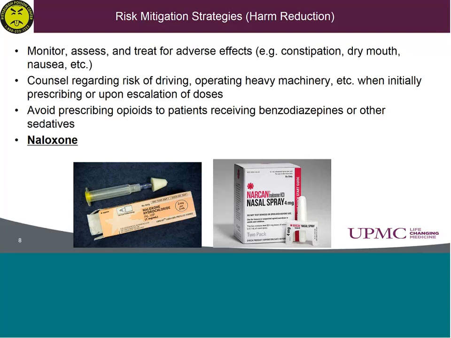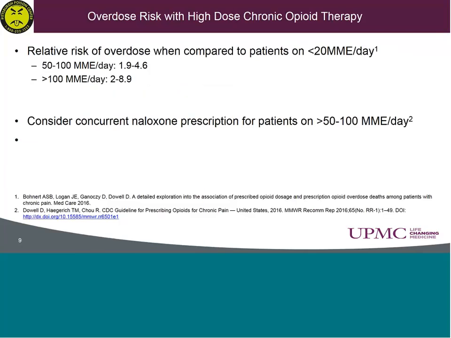There is still some resistance, I think, in some corridors about the benefit of naloxone, but the existing data are fairly clear on its overall benefit. So even for patients with chronic high-dose opioid therapy, there is an increased risk of overdose.